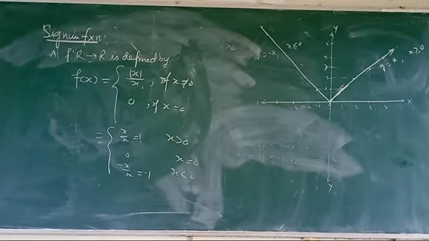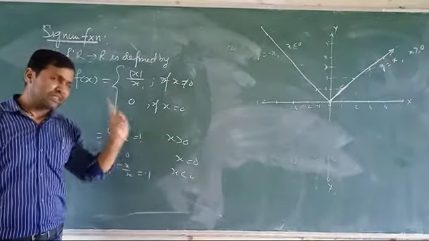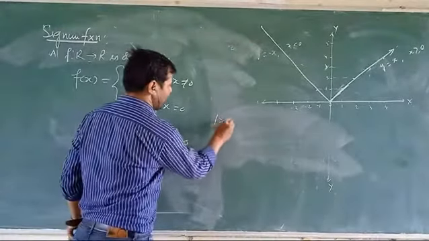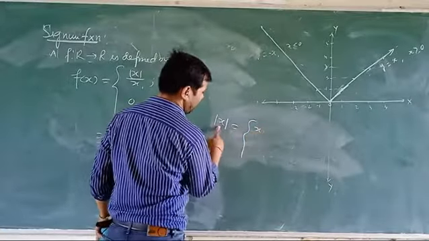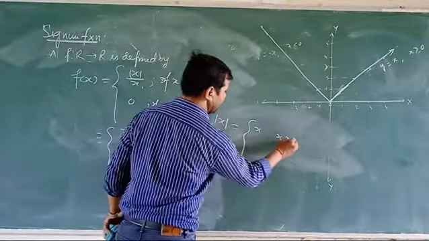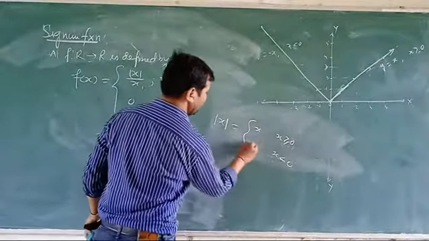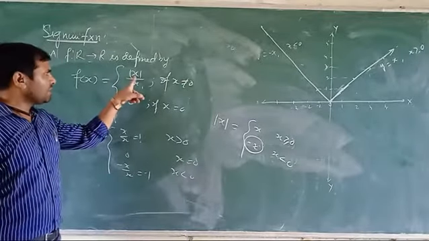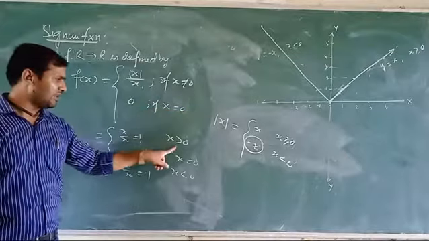How I have written here? When x is greater than 0, I have told you just before, mod of x. What is the value of mod of x? It becomes positive. Mod of x equal to x when x is greater than 0, equal to 0 when x is 0, and when x is less than 0, it is negative. I kept here at the place of mod of x, x.